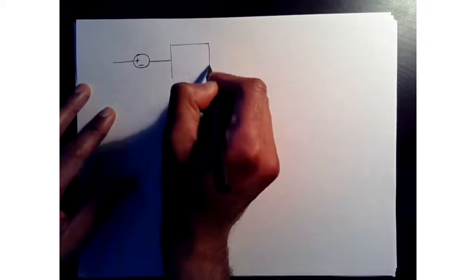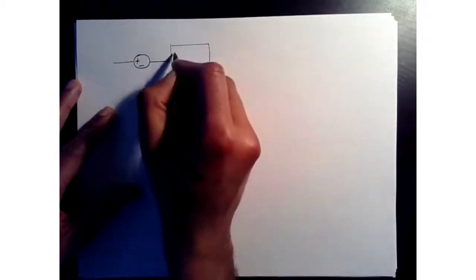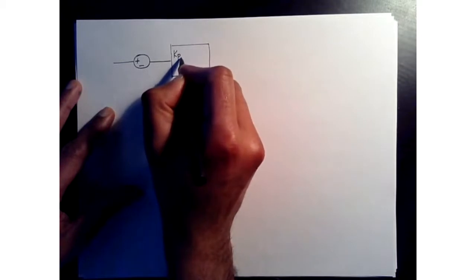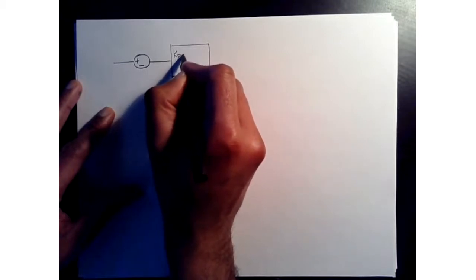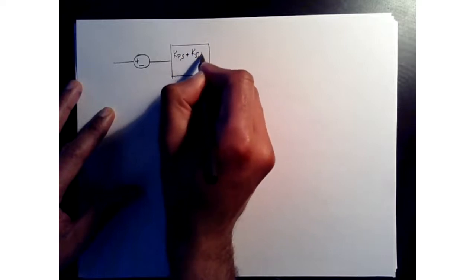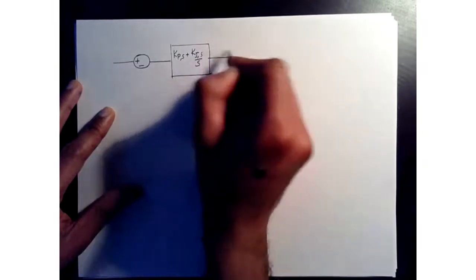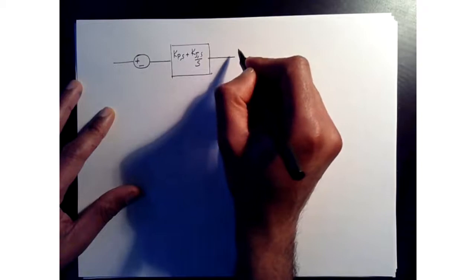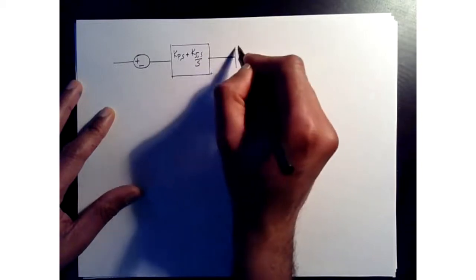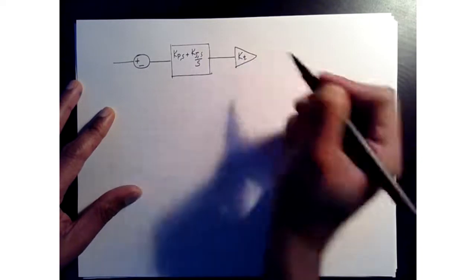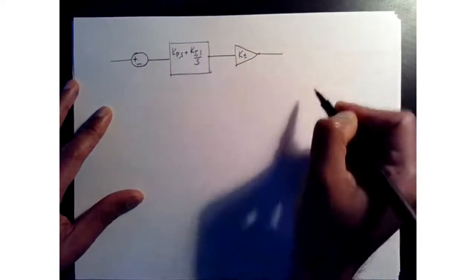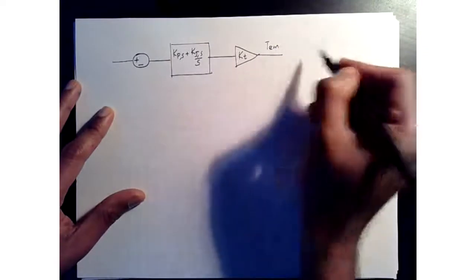Then we're left with our speed loop, and we'll have another controller here, KPS plus KIS over S. The output of that is going to be current, and current times KT is going to be the electromagnetic torque.